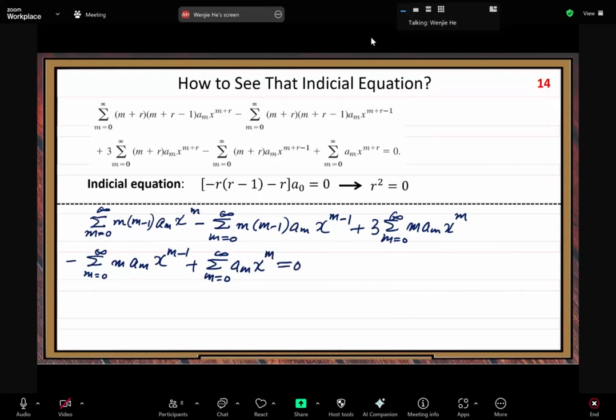But here you have these m minus 1 exponents, so you want to do a substitution.